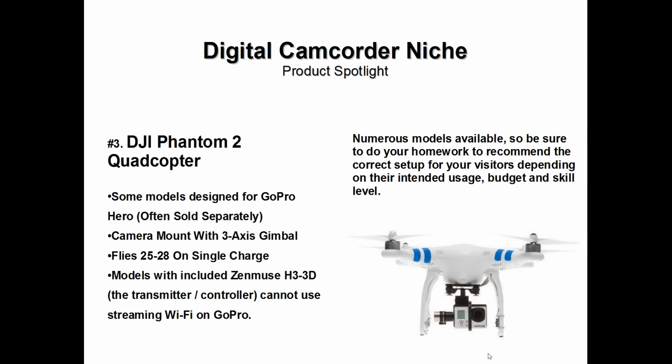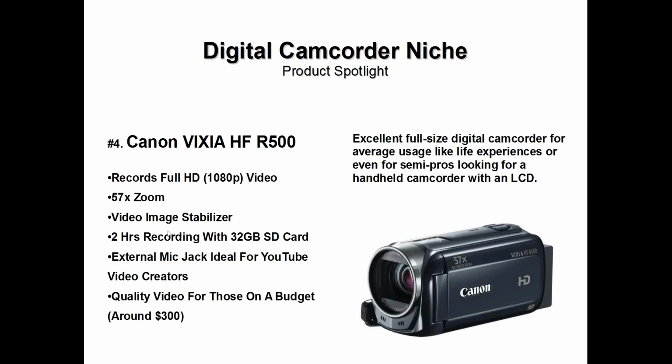It has 57 times zoom with special image stabilization, so it actually can take pretty decent video from really far away. Using a 32 gigabyte card, you can record about 2 hours worth of video on one of these at the highest quality. So it's ideal for people that are looking to maybe record an entire wedding or a whole birthday party or something of that nature.